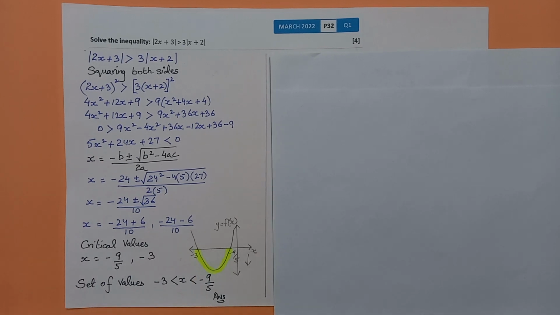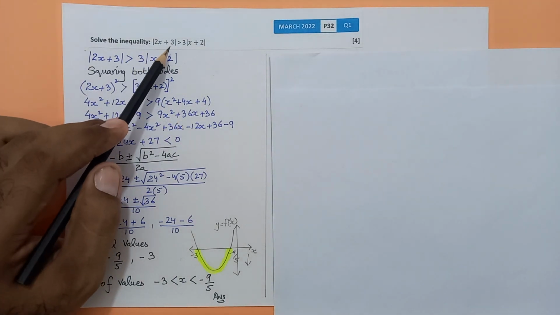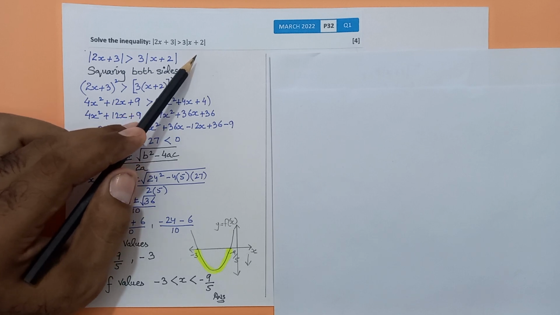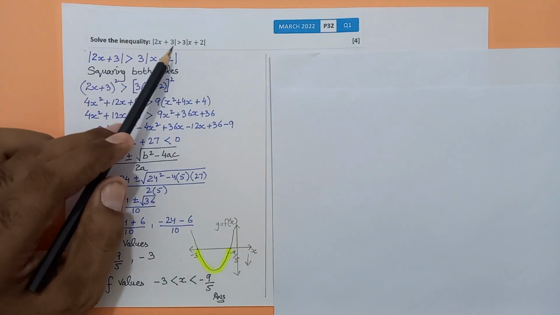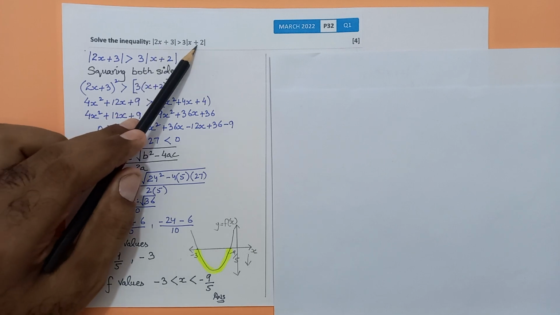But just keep one thing in mind: the question that we are attempting contains a modulus on both sides of the inequality. We could come across some questions where we have a modulus sign on just one side and the other side will not contain a modulus.